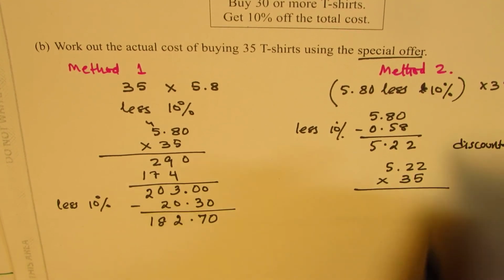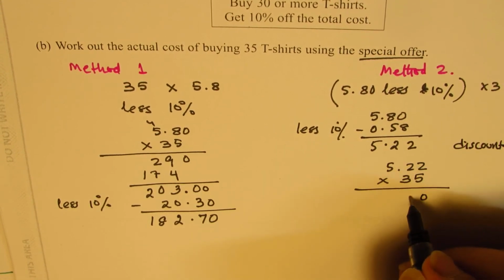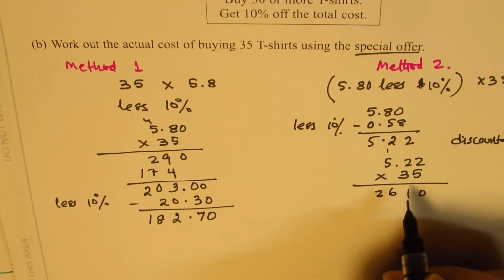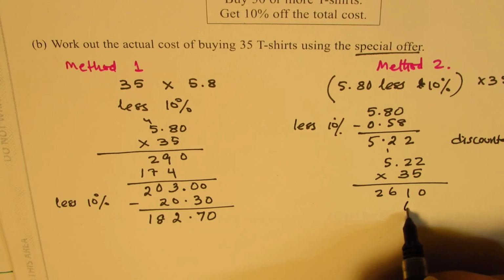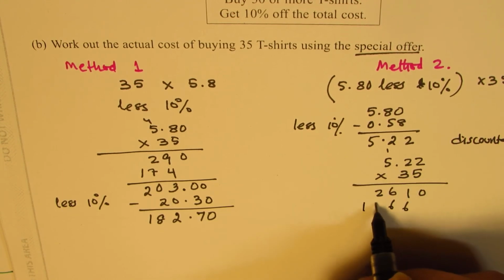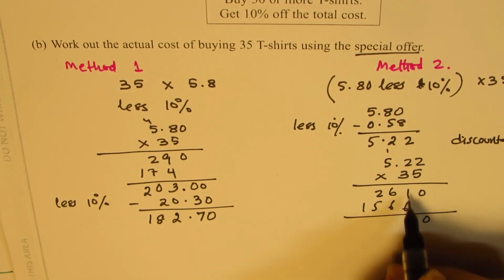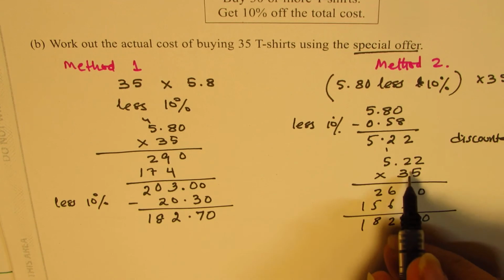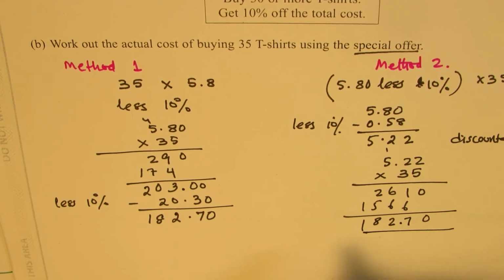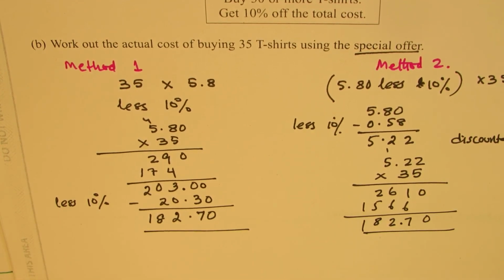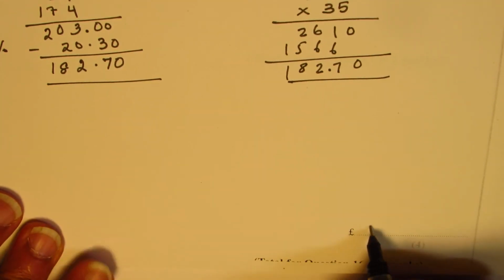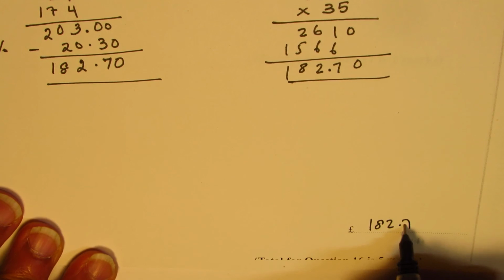Is that clear? So 5 times 2 is 10, 5 times 5 is 25, and we get 126. Then 3 times 2 is 6, 3 times 5 is 15. When you add them up, we get 182.7, with 2 decimal places, so we get the same answer. So both are good enough methods. Adopt the one which you like, and we get the price here as 182.70.